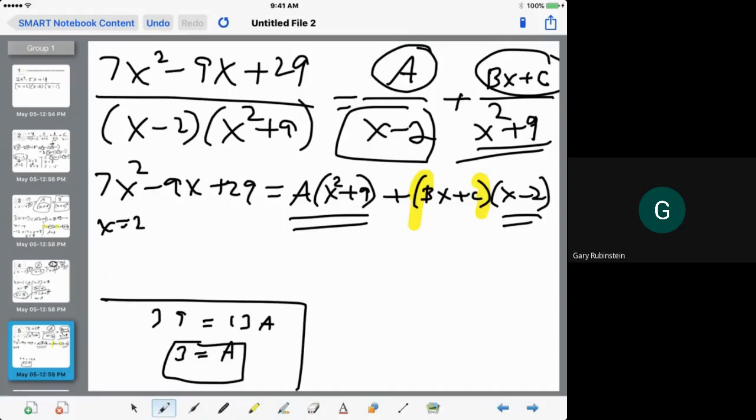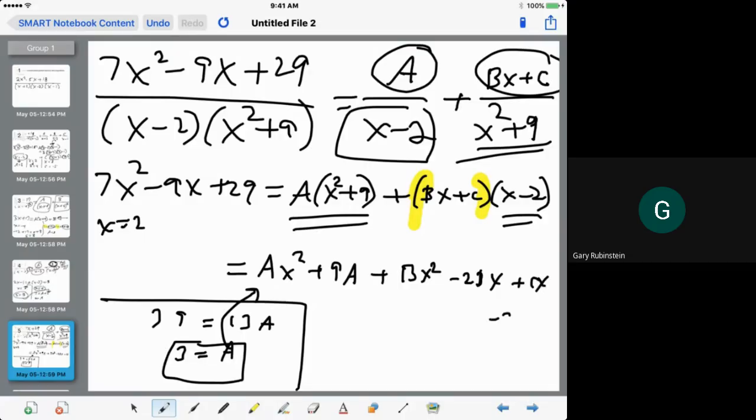And let's just see. It's ax squared plus 9a. And that a we actually know is the number 3, and we will get to replace the a with the 3. Now I have to do FOIL on this one, and I get bx squared minus 2bx plus cx minus 2c.